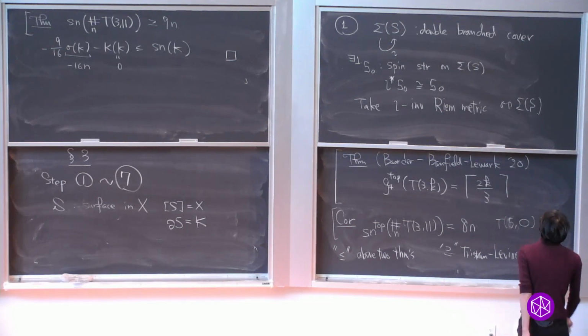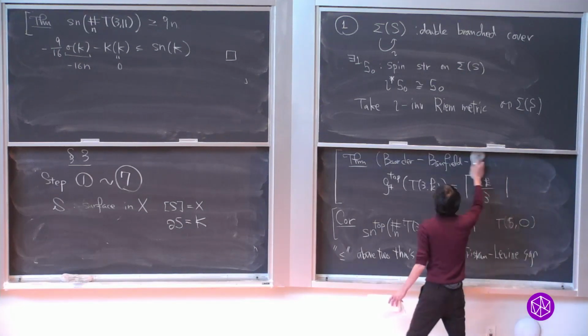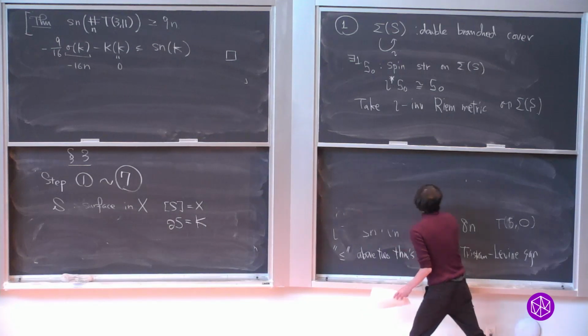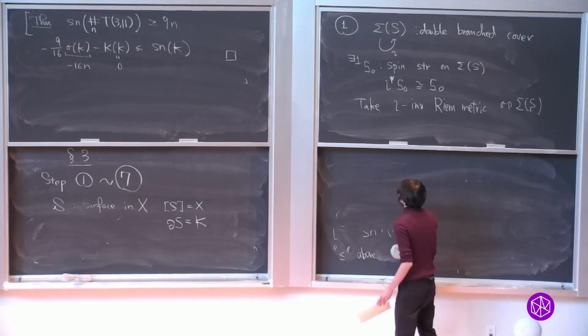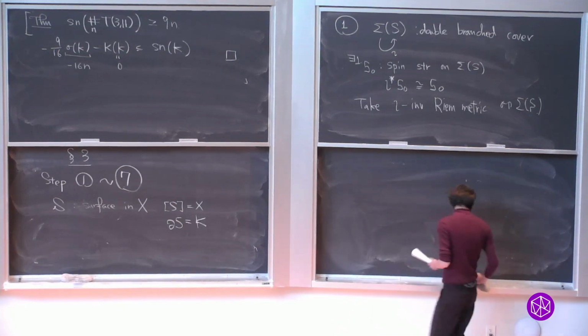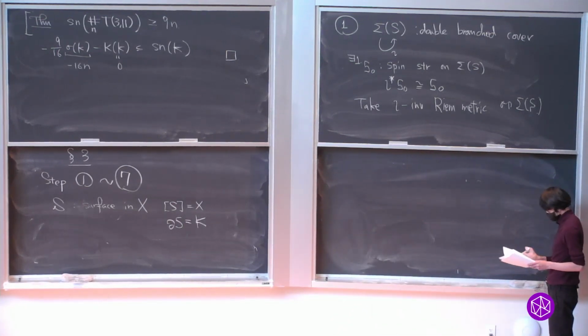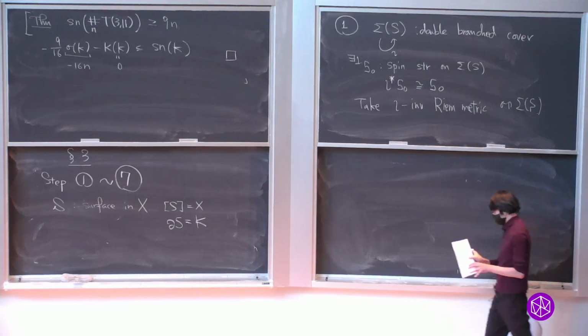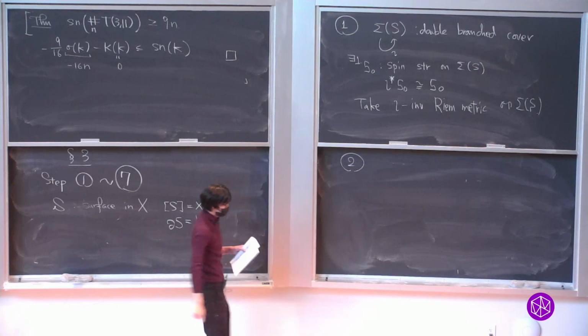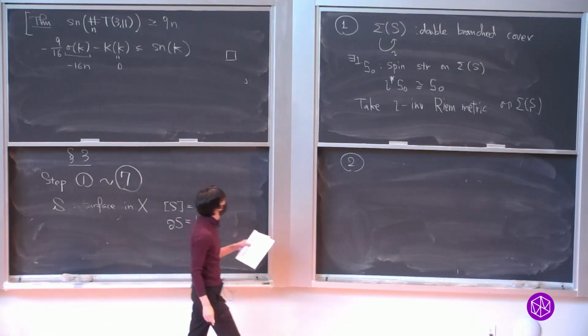Covering involution. Maybe I should write tau instead of iota. Sorry about that. Okay, so this is the first step. We take a double branched cover and obtain the equivariant four manifold.